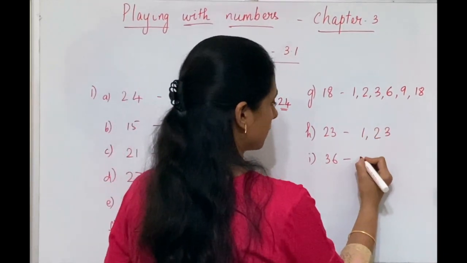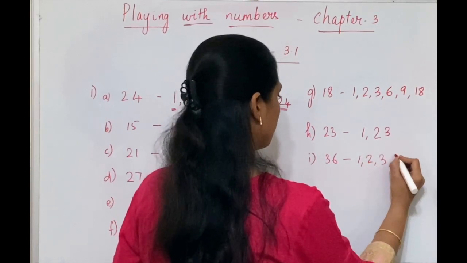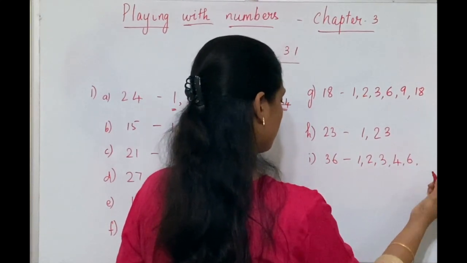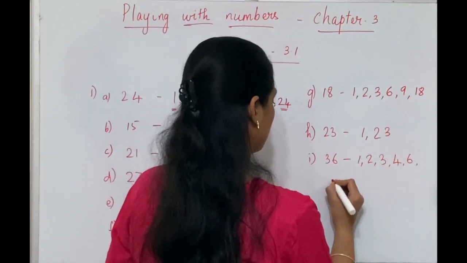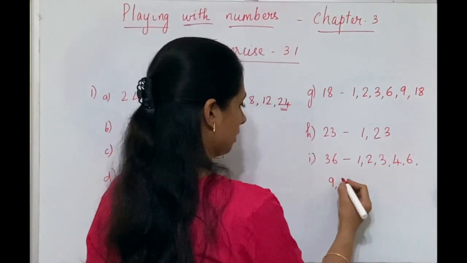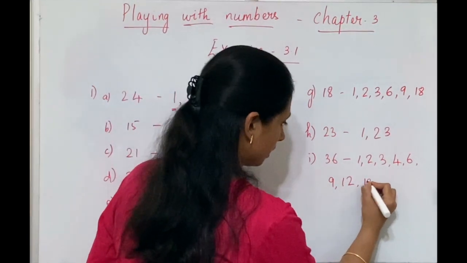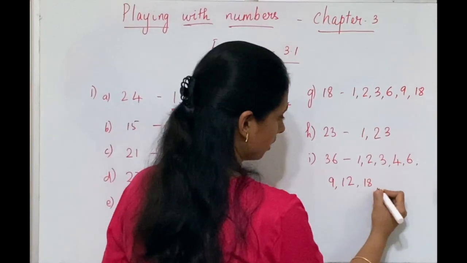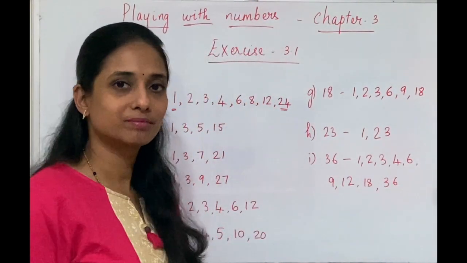Then for 36: 1, 2, 3, 4, 6, 9, 12, 18. 18 into 2 is 36, and then 36.